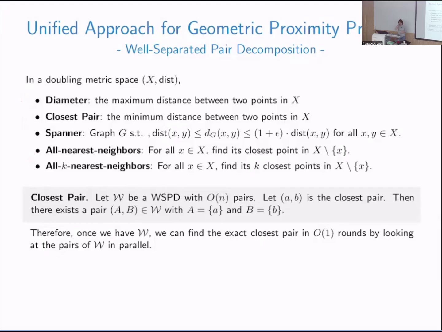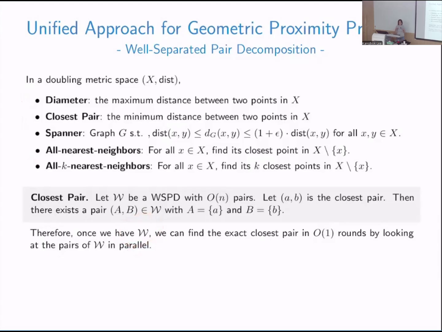So parallel, that means each machine is in charge of a number of pairs, yes. At the end of the parallel algorithm, those n point pairs in W are distributed across the machines.